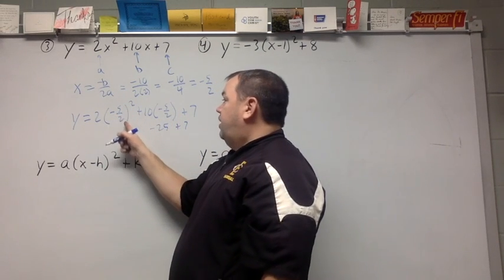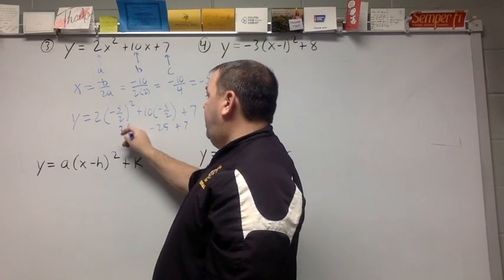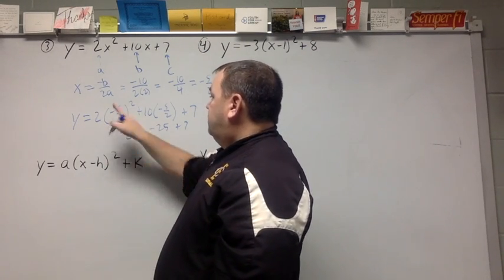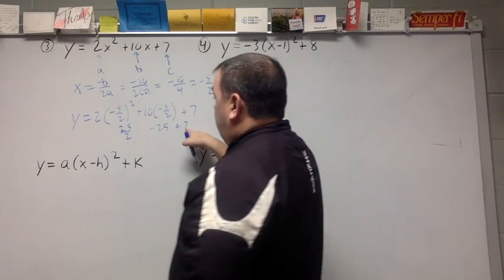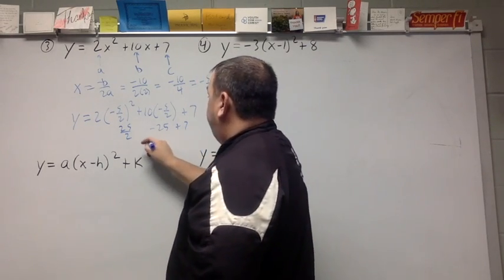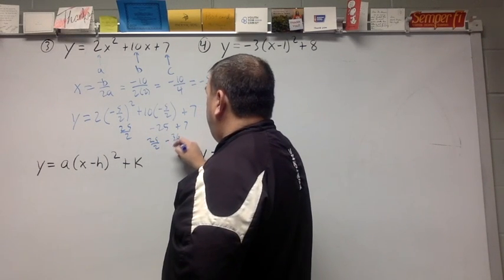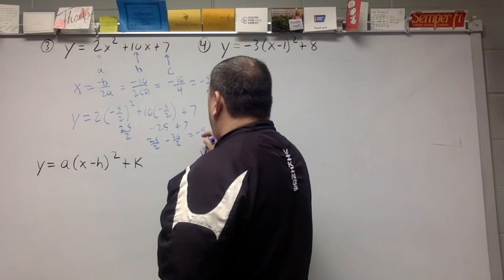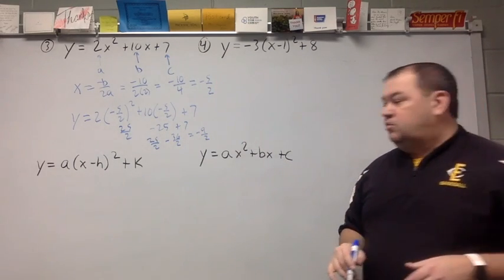Here I get 25 fourths, but I'm going to get rid of that 2, so I get 25 halves. It's going to be positive, so I have a little bit of calculation. Here I get 18, so I get 25 halves minus 36 halves, 9 halves. Doesn't matter that it's fractions. I just needed to figure out x and y.